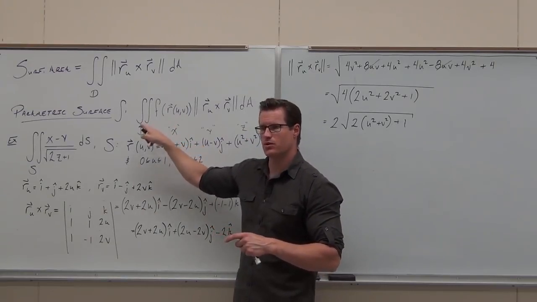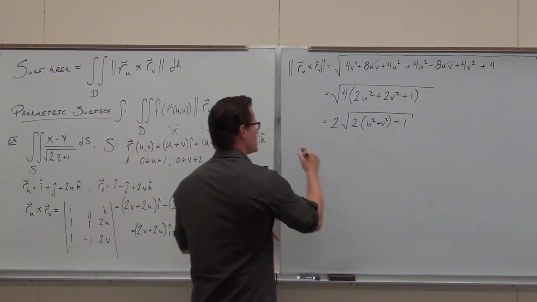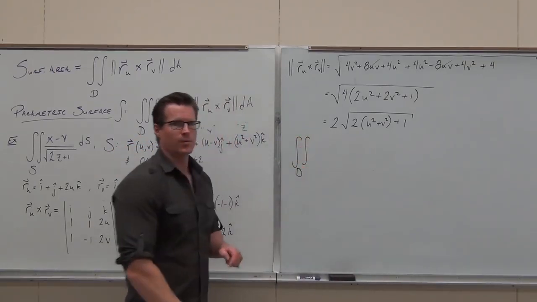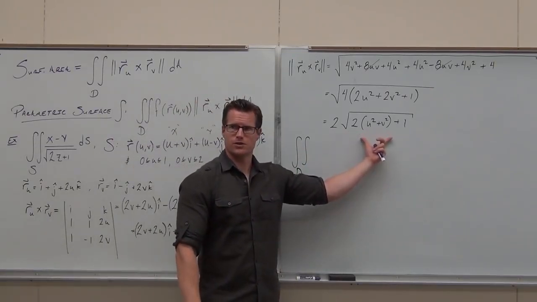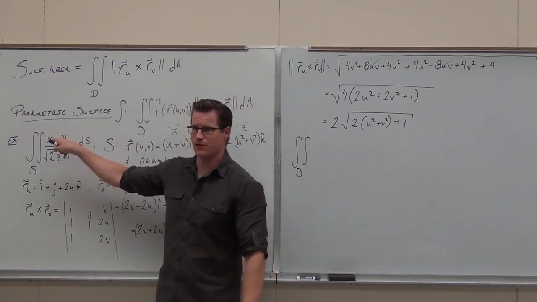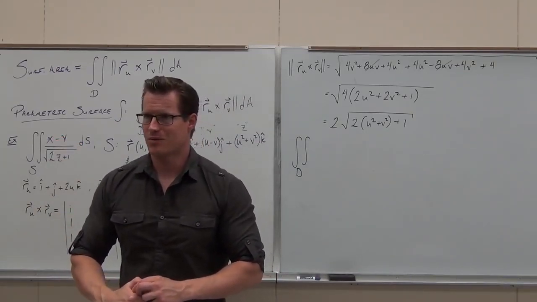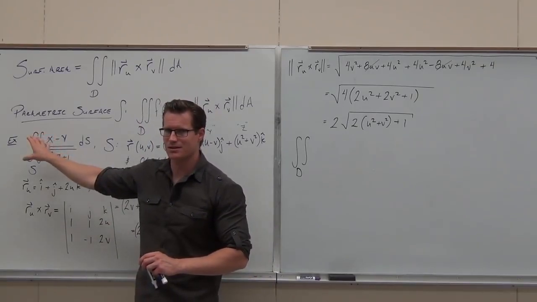Don't worry about your region, your domain right now. We'll deal with that in just a second. Right now, I want to see your setup on your double integral. Start with this first. Change this stuff accordingly. I'm going to give you about 30 seconds to do that. You guys okay with what I'm talking about? What needs to happen to all the x's, the y's, and the z's?